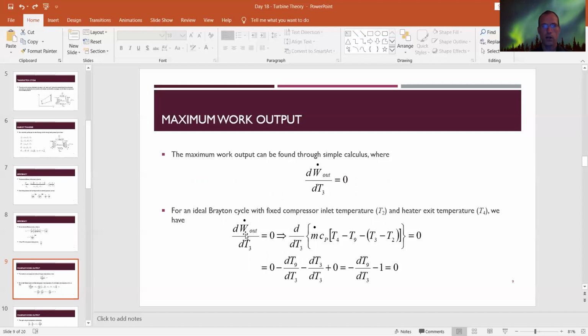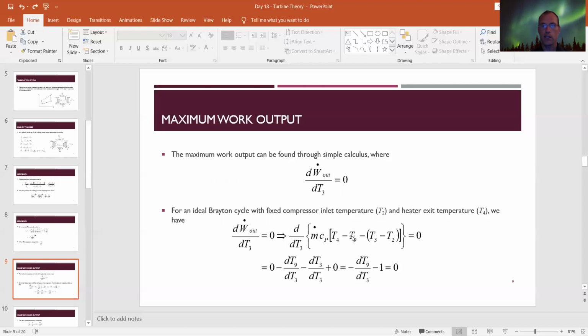So taking my equation for shaft work that we had before, m dot Cp times (T4 minus T9 minus T3 minus T2), and taking the derivative with respect to T3 and setting that equal to 0. I don't have to worry about m dot and Cp; I can just divide by those and they go away. Then I have dT4/dT3, but T4 is assumed constant, so that's 0.